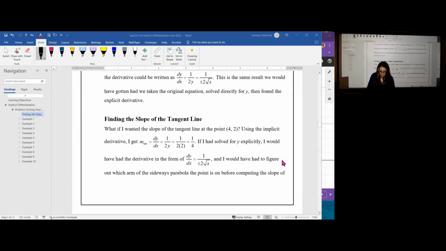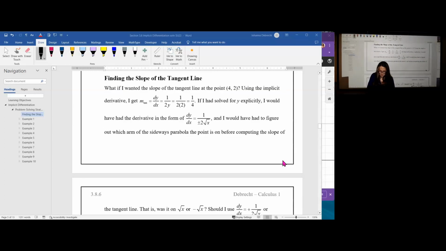Let's now take a look at finding the slope of the tangent line at the point (4, 2) on the example we just worked. Using the implicit derivative formula, 1 over 2y, I know the y value at the point is 2, so I get a slope of 1/4. There's no ambiguity and no plus or minus.